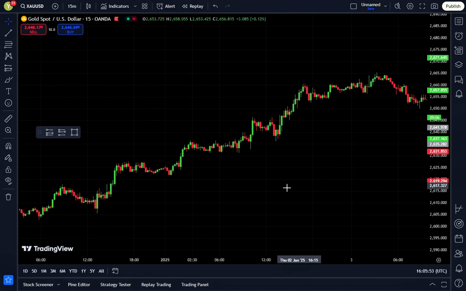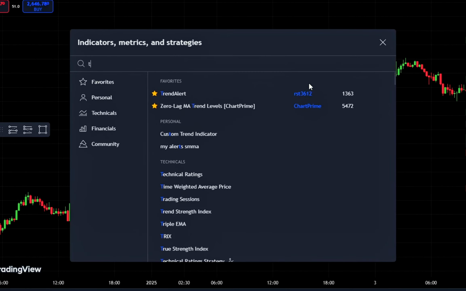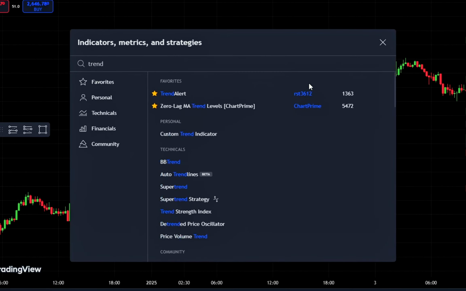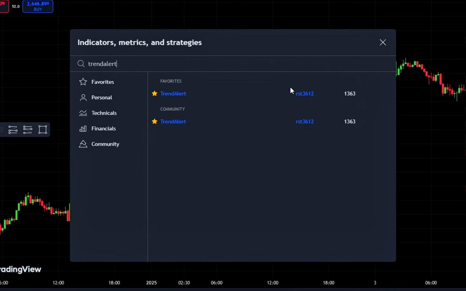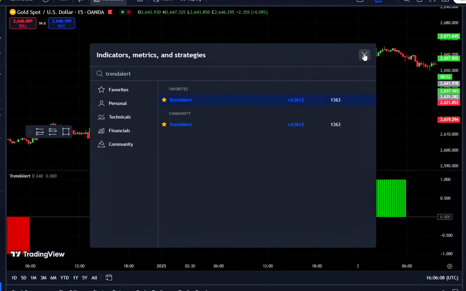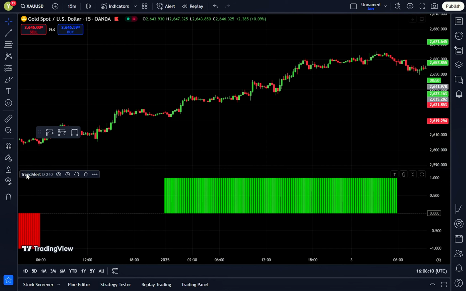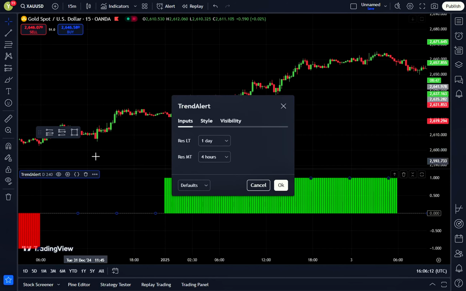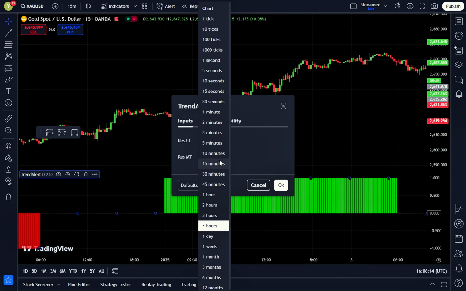Adding the Trend Alert Indicator. Open the Indicator Search tab and type Trend Alert. Select the indicator by its creator. Adjust its settings. In the Input tab, set the Res MT option to 1 hour.